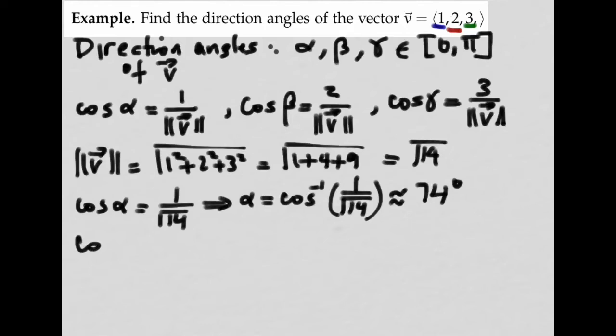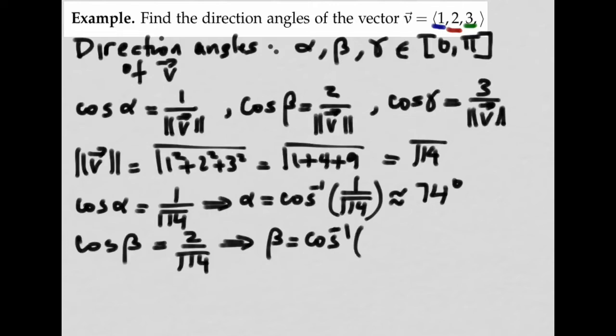Cosine beta is 2 over root 14, which means that beta is cosine inverse 2 over root 14. That's roughly 58 degrees.